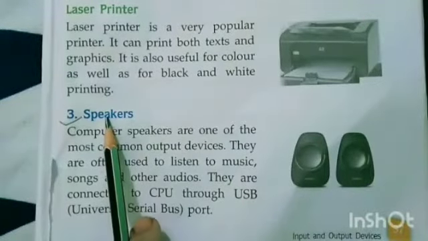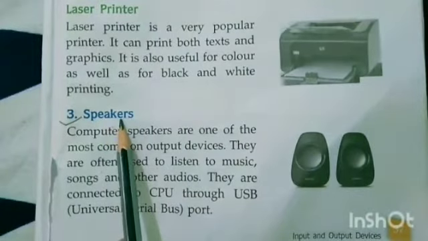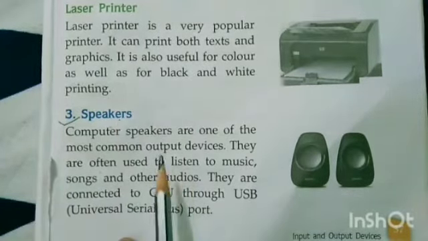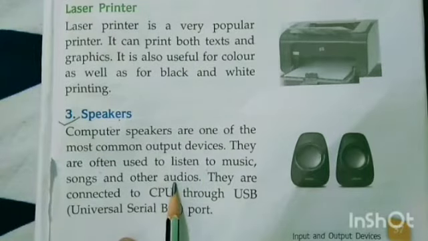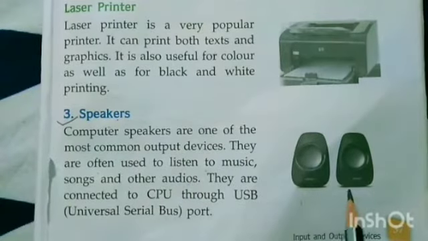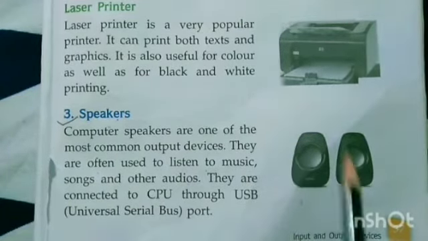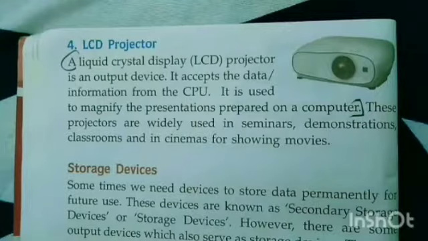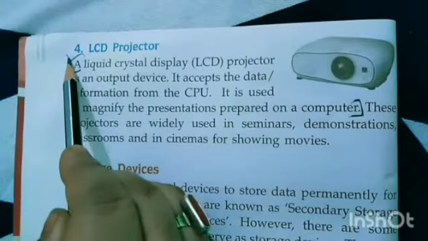Next we studied speakers. Speakers are one of the most commonly used output devices and they help us to listen to music, songs and other audio. They are output devices because they help us to listen to the sounds or the music which is stored in the computer system. Now the next output device is the LCD projector.